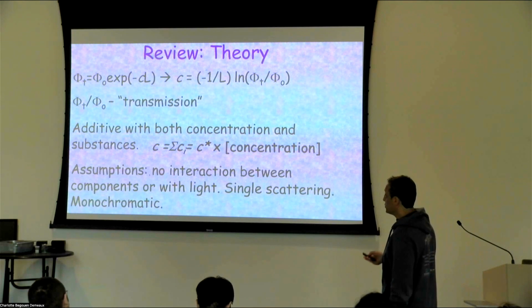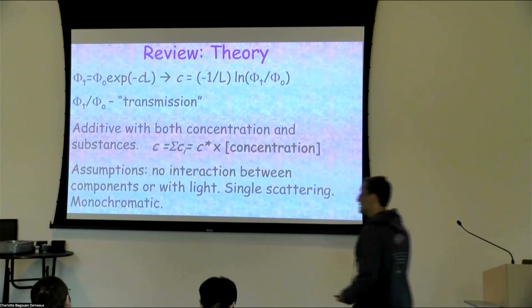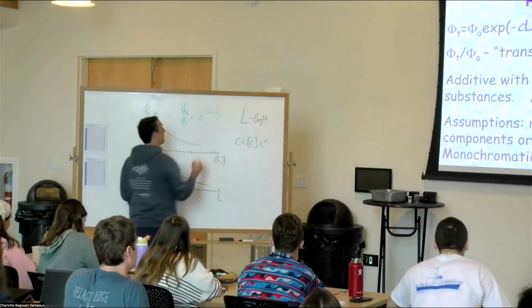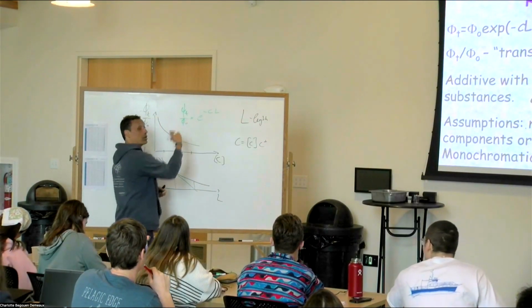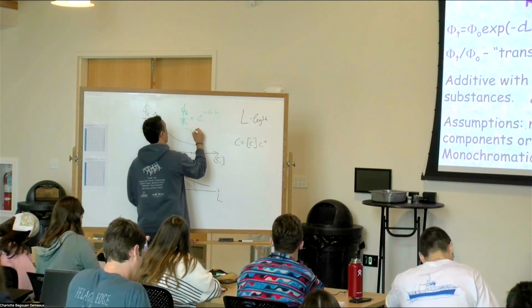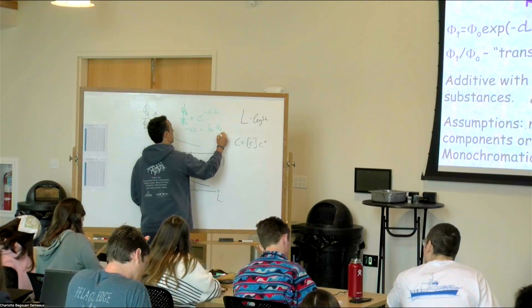It is additive with both concentration and substances. This is one of the beauties. I said that the transmission is equal to e to the minus CL. Now, if I take the log of both sides, I get minus C times L equal to the log of phi t over phi 0.